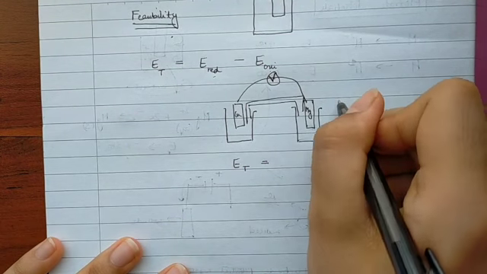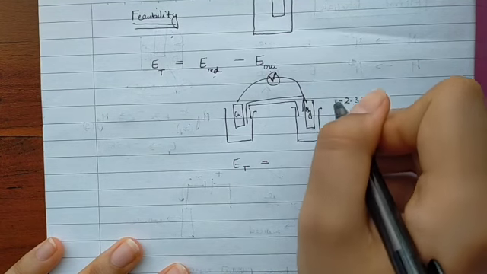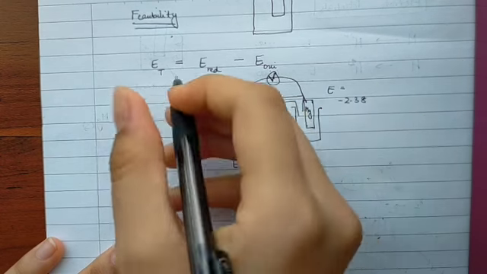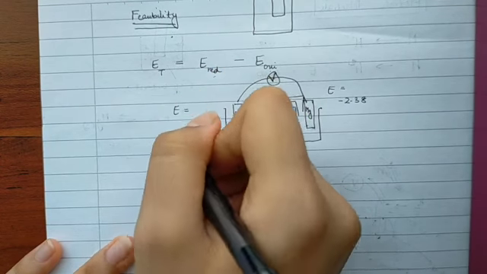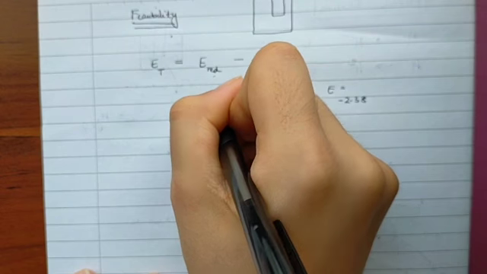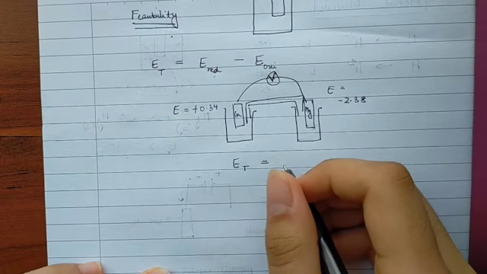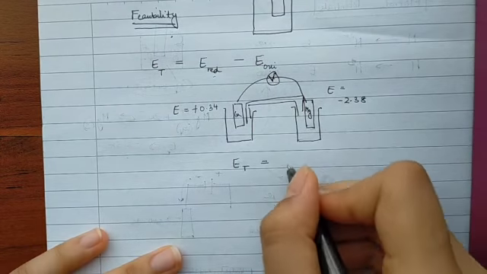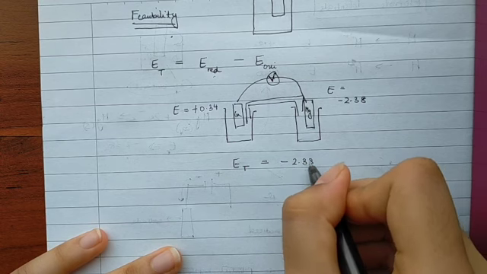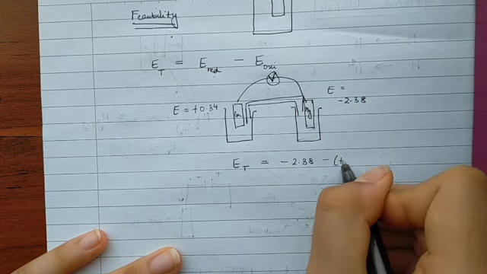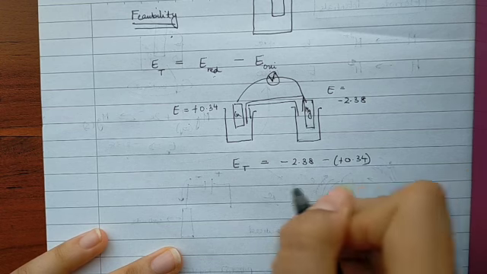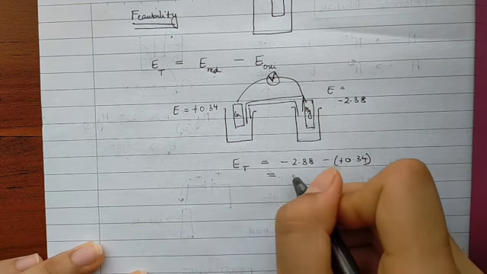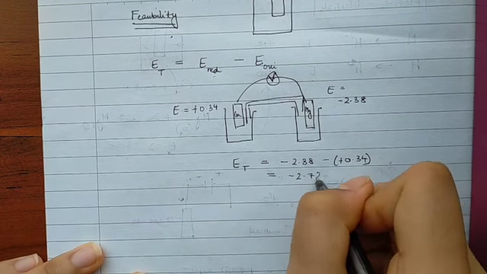So the magnesium is minus 2.38 as a standard electrode potential, and the electrode potential for copper, that is 0.24. So what's being reduced minus what is being oxidized, this will give us minus 2.72.